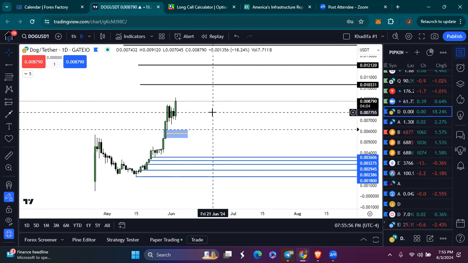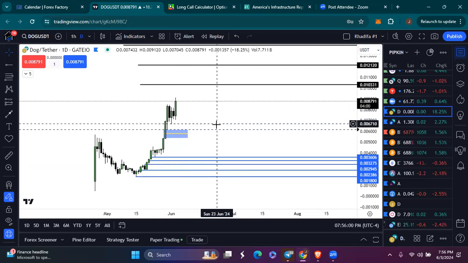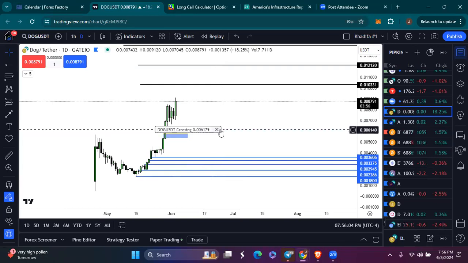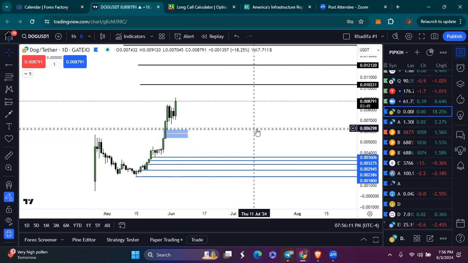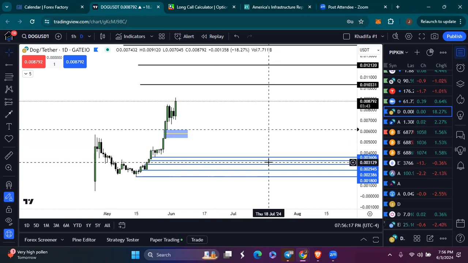Keep in mind, we are in a presidential election year. So that's going to make things even hotter. Keep in mind that we did just have a Bitcoin halving that makes things even hotter. And so, with that being said, I've informed you guys.